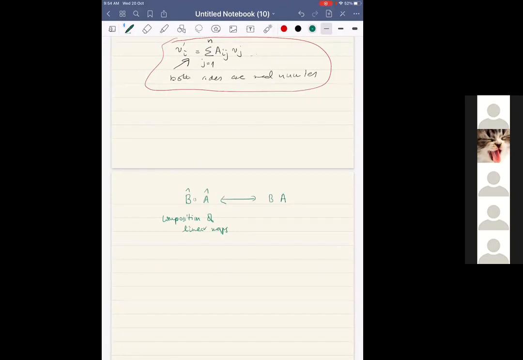And on the right-hand side, I think I do it in some other way. Let me just stick with the notes. One second.